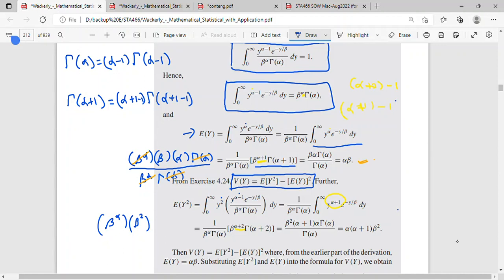So, gamma alpha plus 2 will be alpha plus 1 gamma alpha plus 1. Right? Gunakan konsep yang ni tadi. Okay, divide dengan beta alpha gamma alpha.